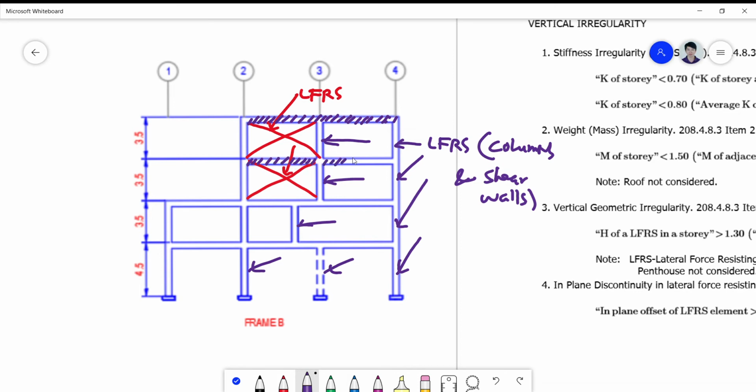So a diaphragm is very essential since it is the one that's holding your LFRS together. Okay, so if there's no diaphragm action, the LFRS will not behave in harmony to resist earthquake forces. Okay, so all the beams, all the horizontal members are part of your diaphragm.